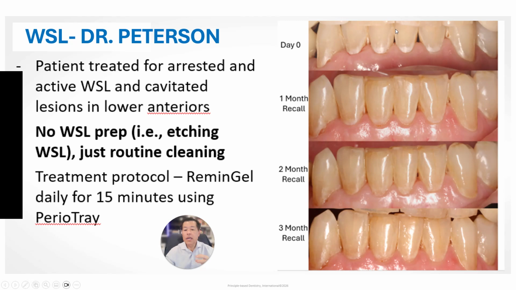And so coming down to the bottom images at the 3-month mark, you can see the white spot lesions have really decreased in the amount of white they have, because now we're getting hydroxyapatite to remineralize these areas, and we're moving away from decay and we are rebuilding that tooth structure.